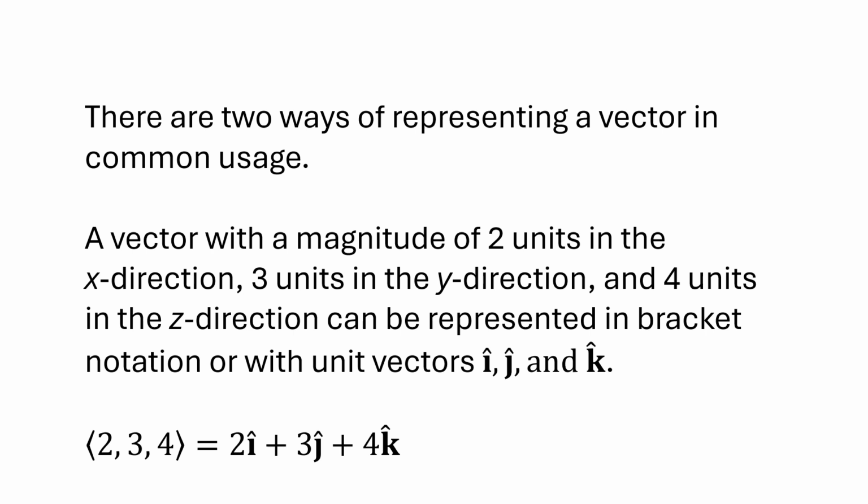It can be represented in bracket notation, or with unit vector notation, where these are the unit vectors, or vectors of magnitude 1 in the x, y, and z directions. So this vector 2, 3, 4 is equal to 2i plus 3j plus 4k.